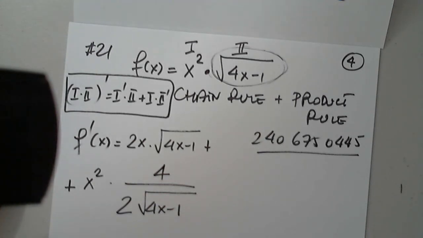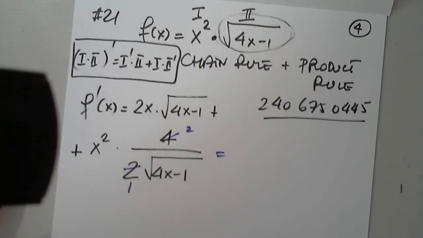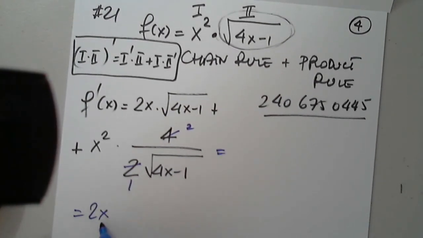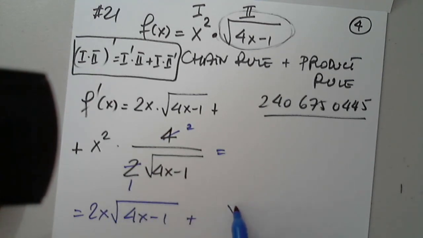So that is good, but not good enough. I'm going to try and simplify, first of all, by 2. And this is how it looks now: 2x the square root of 4x minus 1 plus x squared over the square root of 4x minus 1.